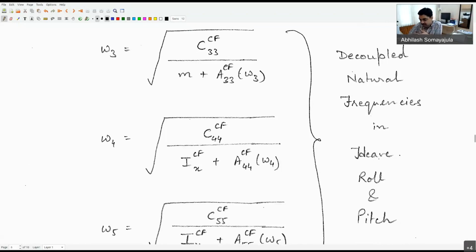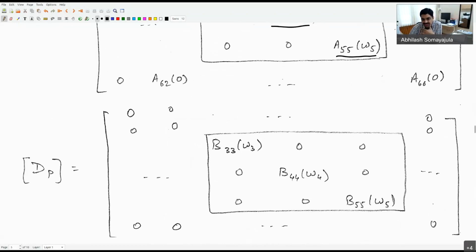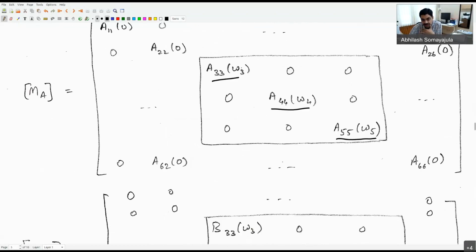Because typically for a system, you would really be interested in motions. The motions will be larger when the resonance is happening. So I might as well make an approximation that instead of considering these values at 0 frequency, since these will be having significant motions, I'll consider them at the natural frequency of heave, natural frequency of roll, and natural frequency of pitch.